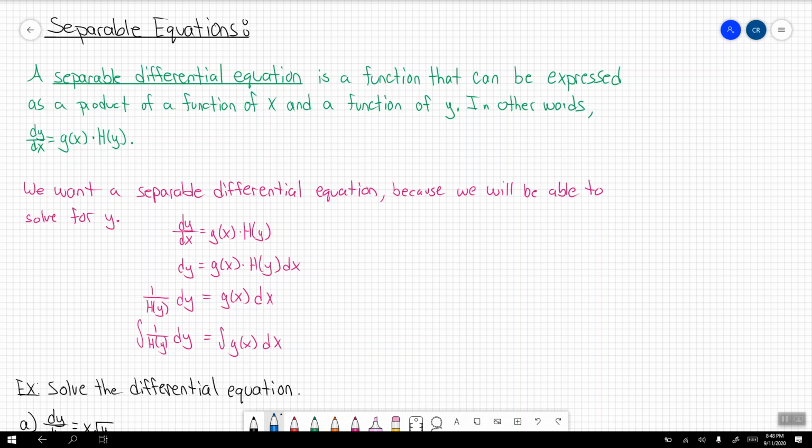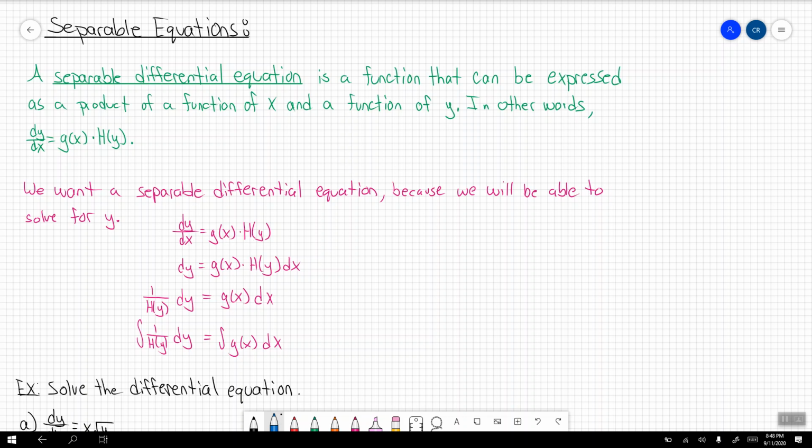And I want to start off by defining what a separable differential equation is. This is a function that can be expressed as a product of a function of x and a function of y.